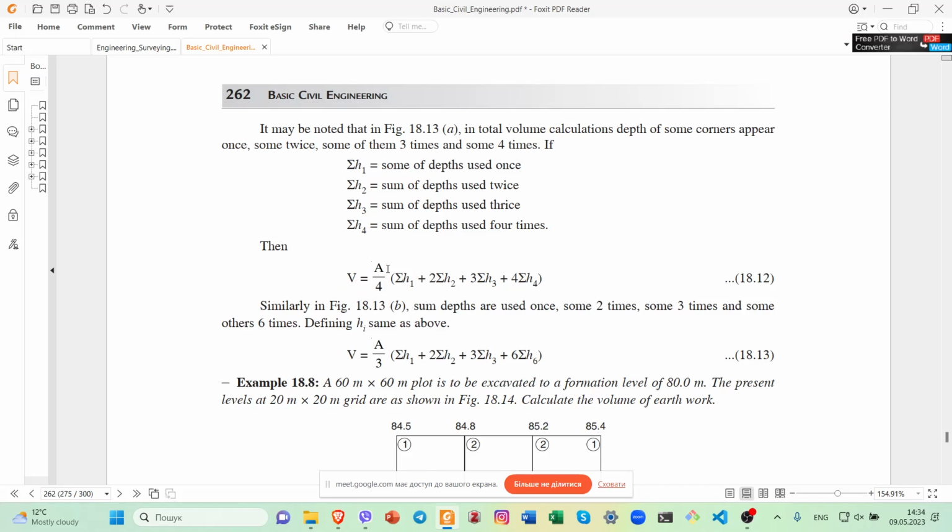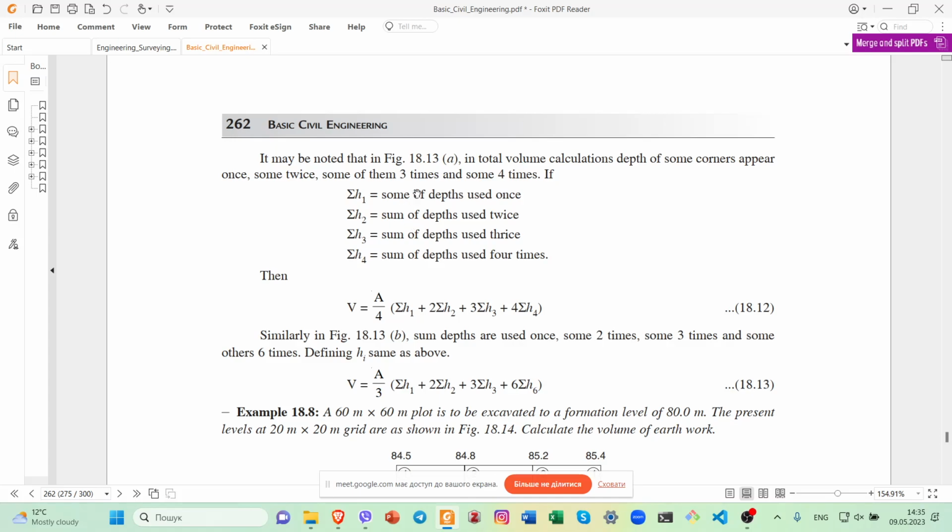Volume will be A divided by 4 times the sum of H1 plus 2 sum of H2 plus 3 sum of H3 and 4 sum of H4. And these are the sum of depths used once, the sum of depths used twice, the sum of depths used thrice, and the sum of depths used 4 times.